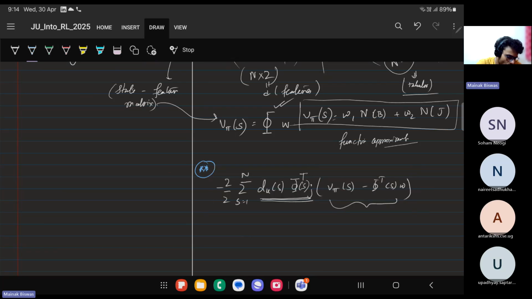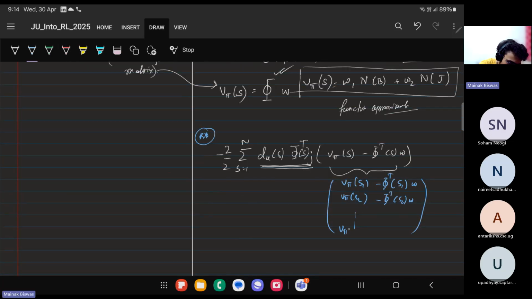So over all the j's, let me write it down: V pi S1 minus phi transpose S1 W, V pi S2 minus phi transpose S2 W, and so on, up to V pi Sn minus phi transpose Sn W. Do you agree? This is what we have. And we have this vector corresponding to this.